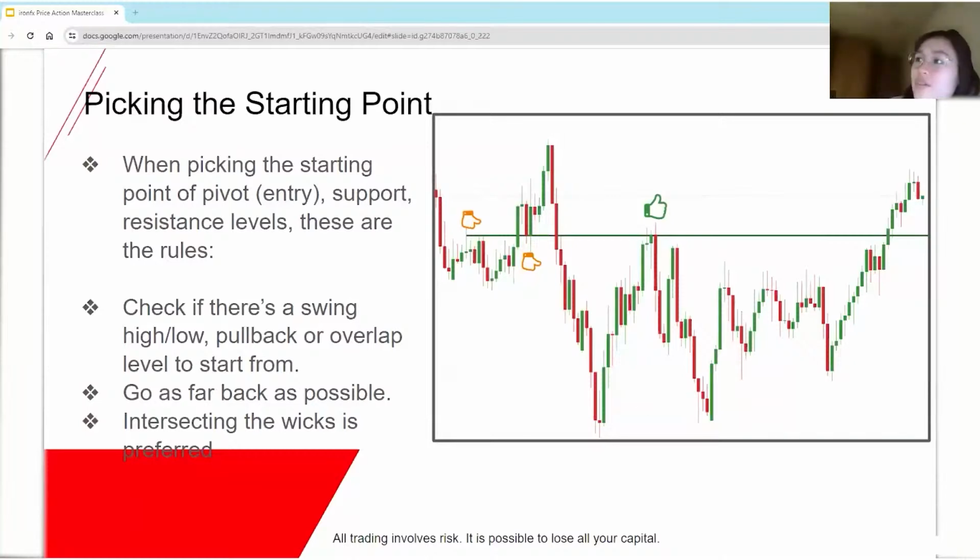Okay, so we have some swing highs here, where the resistance level cuts the wick of the candlesticks. That's fine. Over here, it's kind of cutting the bodies a little bit, so that's not too preferred, but that's fine as well. So some more examples here.